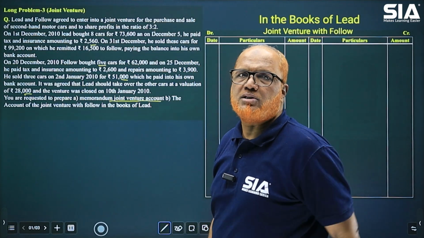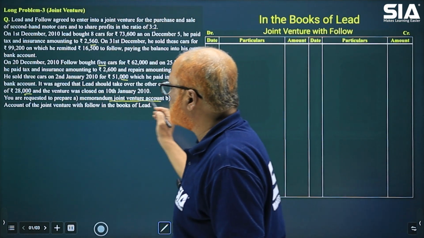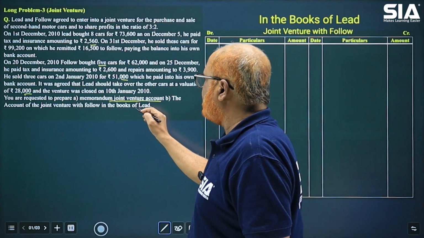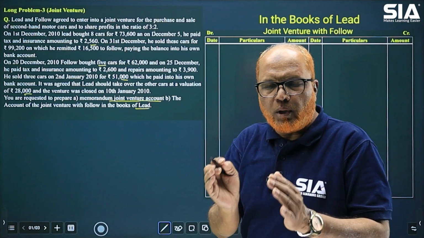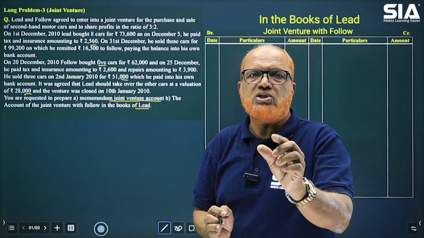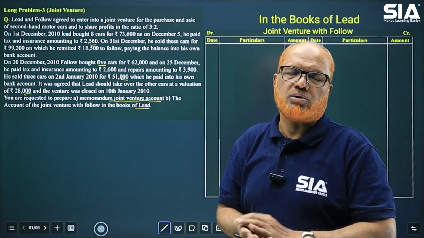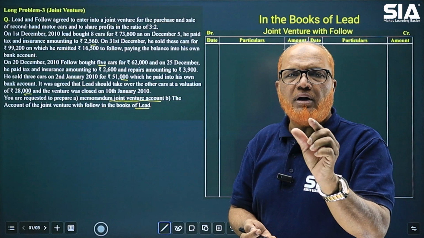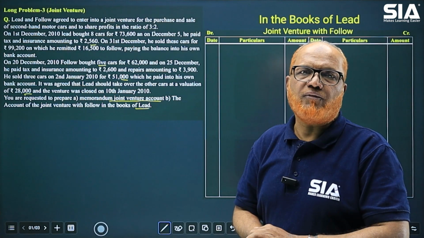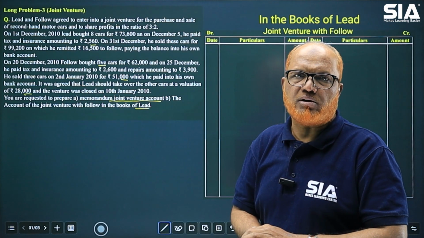This is the new point. In this problem, we have to make memorandum joint venture account. The account of joint venture with Follow in the books of Lead. So only in the books of Lead, we have to prepare joint venture with Follow and memorandum revaluation account. The memorandum revaluation account will simply give you how much is the profit or loss and what is the share of profit or loss between the 2 co-venturers.